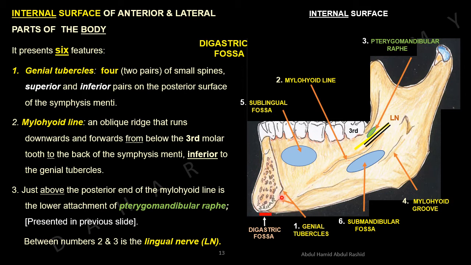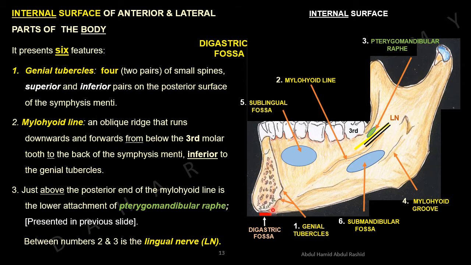Okay, next we are going to talk about this oblique ridge. This oblique ridge is called the mylohyoid line, which begins from the internal surface of the symphysis menti below the inferior genial tubercles.